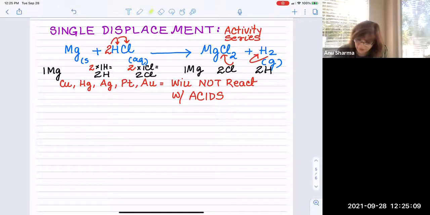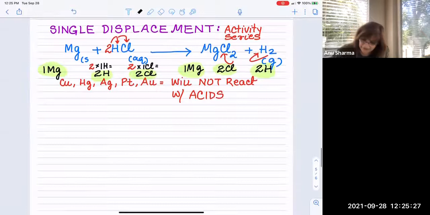So we see 1 magnesium, 2 hydrogens, 2 hydrogens, 2 chlorines, 2 chlorines. All right, this is how it is balanced. So that is a single displacement.